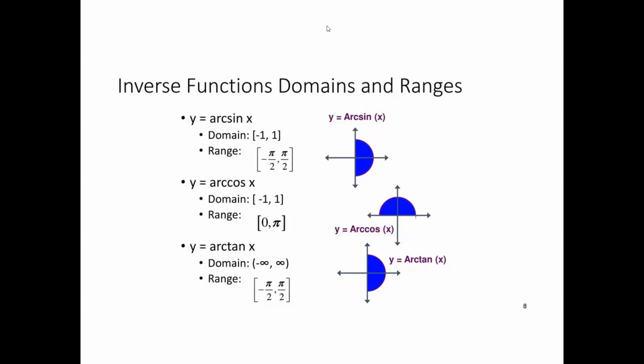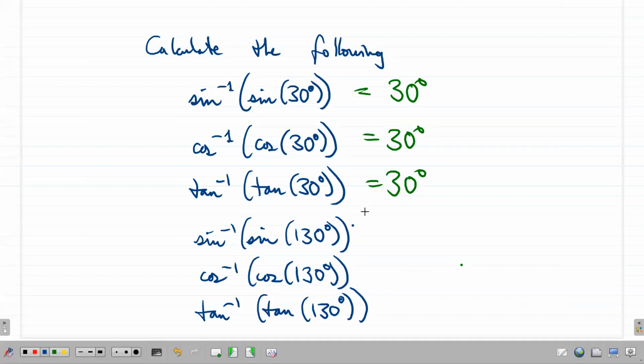That's why the values that I computed over here were thrown out when I computed inverse sine and inverse tan, but they were correct for inverse cos. So inverse cos agreed, but the other two were not what I expected. This one was 50 degrees and this one was minus 50 degrees.